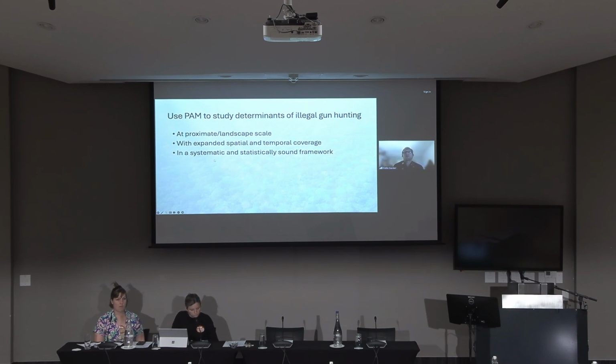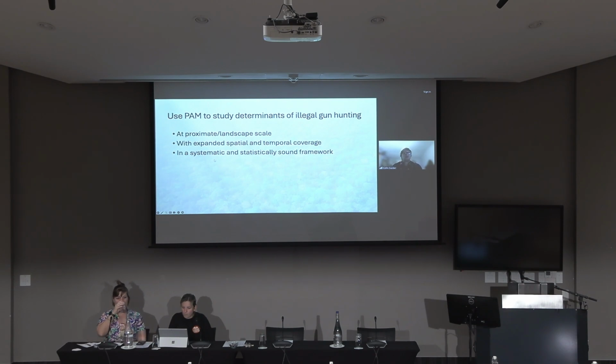Importantly, PAM also really improves our capacity to analyze illegal gun hunting data in a systematically rigorous fashion. Poaching data have historically been collected opportunistically by anti-poaching patrols themselves as they're traveling their patrol routes. These routes are often biased and based on prior knowledge, informant tips, or previously detected illegal activity. So these data are not often systematically collected in a way that's amenable to statistical inference, which hinders our ability to study the drivers of poaching.